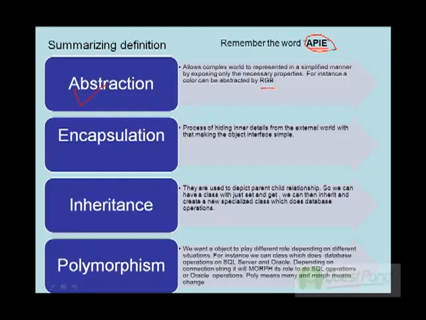In other words, abstraction allows you to simplify your component or your object, which needs to interact with the outer world. Remember that one of the very important principles of object-oriented programming is to have simplified interfaces. Again, revising the definition, abstraction allows you to show only the necessary properties, and with that your object is no more complex, it is more simplified. So abstraction basically means show only the necessary properties.